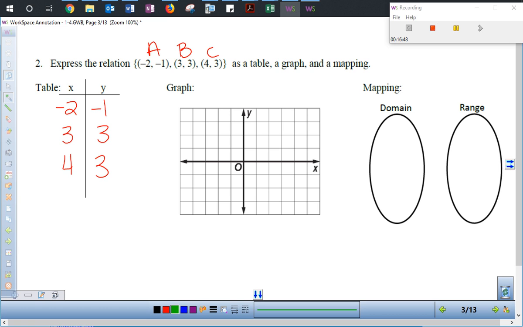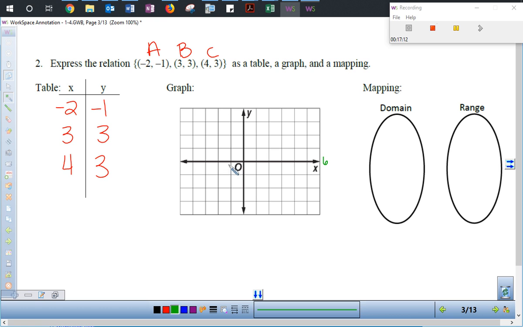Most important thing of a graph is the scale. Now, I understand these are kind of small graphs and hard to see, so watch what I do. I want a scale of 1. I know that's going to be plenty. So if I had a scale of 1, this would be 1, 2, 3, 4, 5, 6. I'm going to go all the way to the end, and since the very end line would be 6, I'm going to put a 6 out here. That way I'm smart enough to realize, okay, there's 6 lines, it goes all the way to 6, that must be a scale of 1.